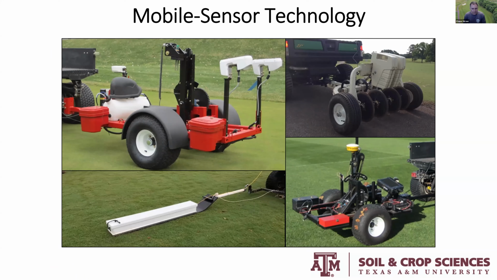So those are a lot of the handheld technologies. There's also a lot of mobile sensor technologies out there. I wouldn't say they're widely available, but they are out there. One that I've used a lot, and I'll talk about in more detail, is the Toro Precision Sense 6000, which is this device here on the top left. It's a mobile multi-sensor device.